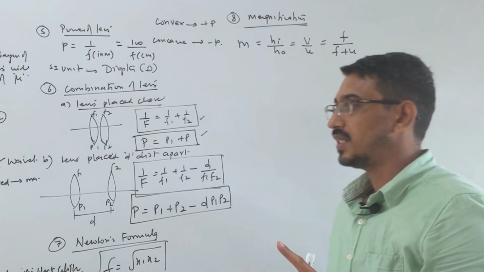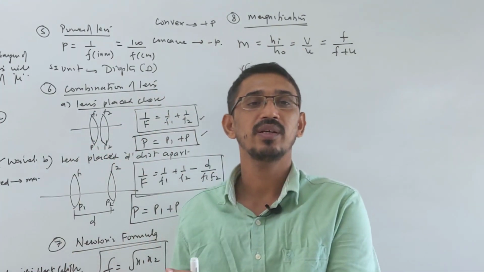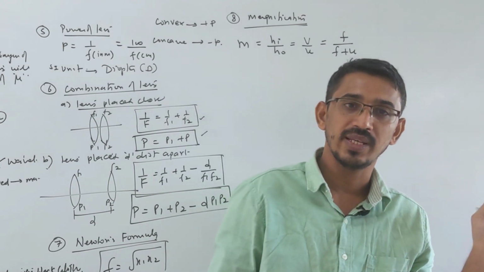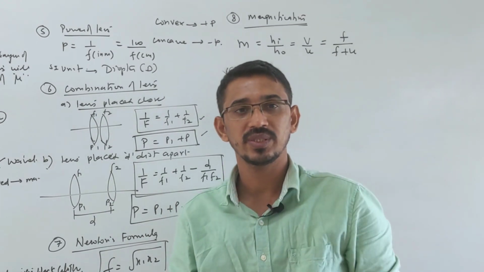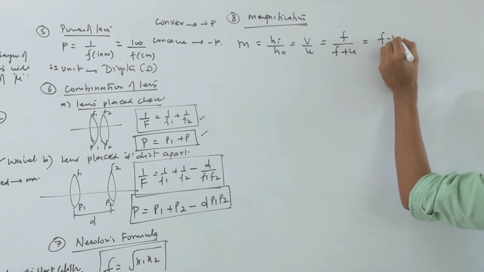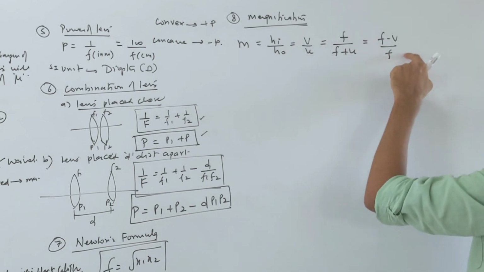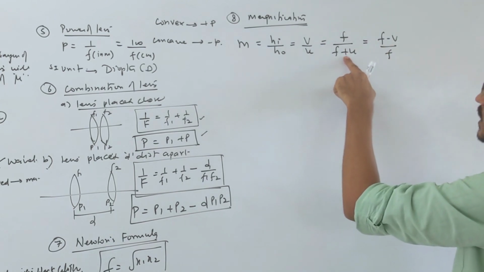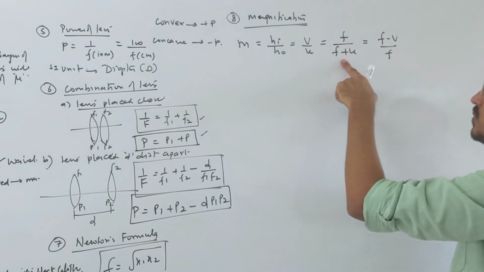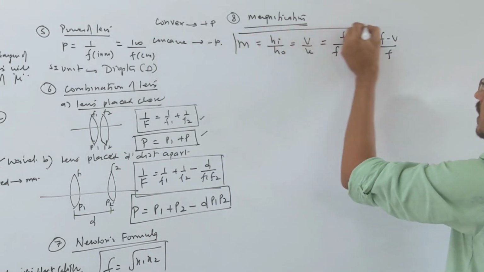See the magnification case of mirrors and the magnification case of lenses. They look similar, but there is a small difference in signs. And f minus v upon f is exactly similar to the mirror one, but there is a change: in the mirror, here is f minus u, here it is plus, and there is a minus in case of the mirror. So these are all your magnification.